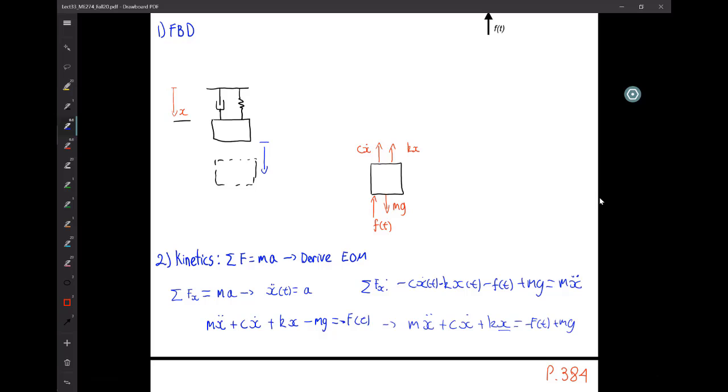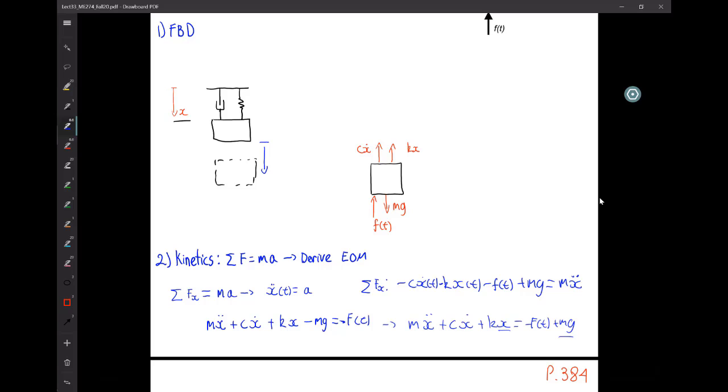Now notice that this mg is a constant term. It is only telling you where the equilibrium position is, right? What is equilibrium? You get equilibrium if you say, when is my x equal to 0? So the forces are 0 when equilibrium means that there is no motion, so no acceleration, no velocity, no external force, otherwise you don't have equilibrium.